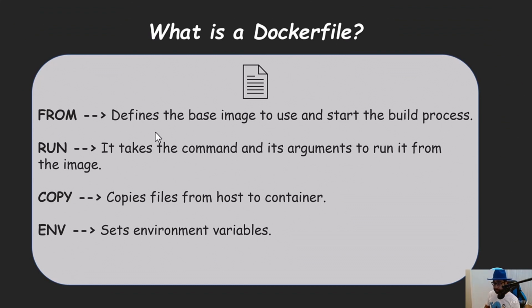Okay, now another instruction is the run instruction, which will basically run commands from inside this image. So for example, let's say you want to create a Docker image that has Apache installed on it, MySQL, Nano editor, Vim editor. You can do all of that using the run instruction or the run command here.